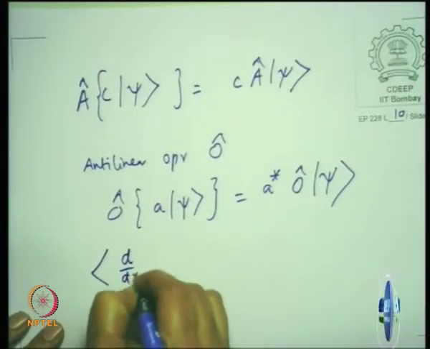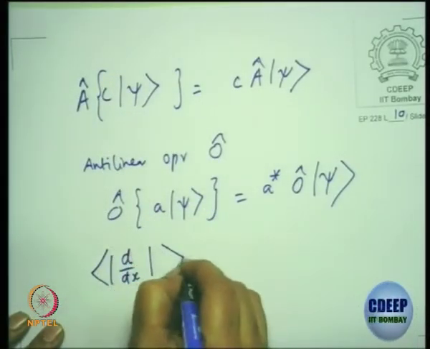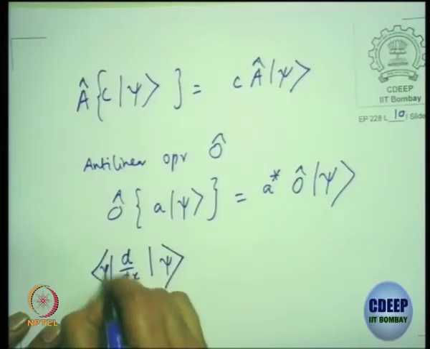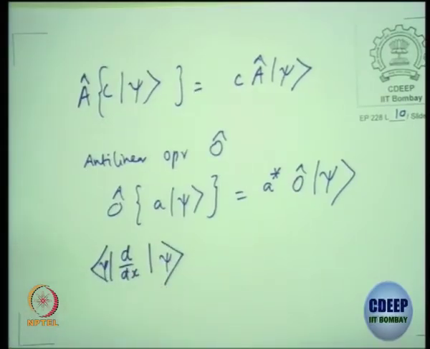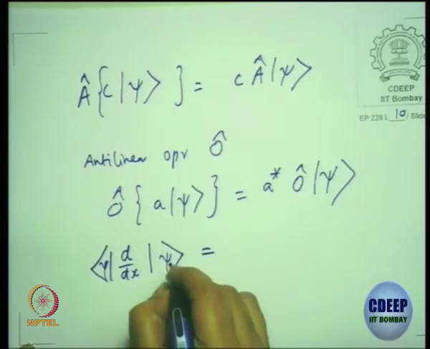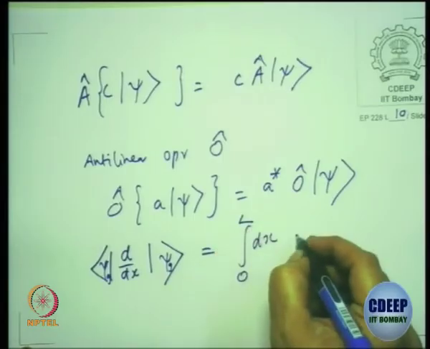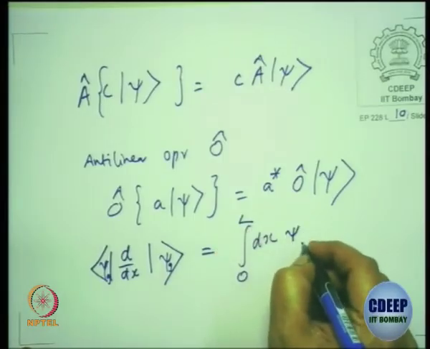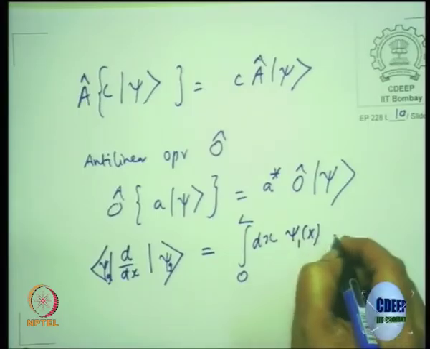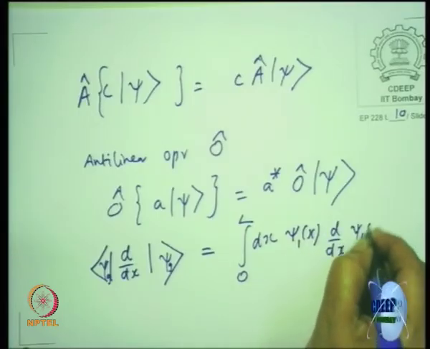So I asked you to find the expectation value of d by dx on a state psi, and you have done this in the wave function formalism. Take the particle in the ground state or first excited state, and this expectation value, if it is the ground state, will be the integral over dx from 0 to L of psi 1 of x times d by dx of psi 1 of x.